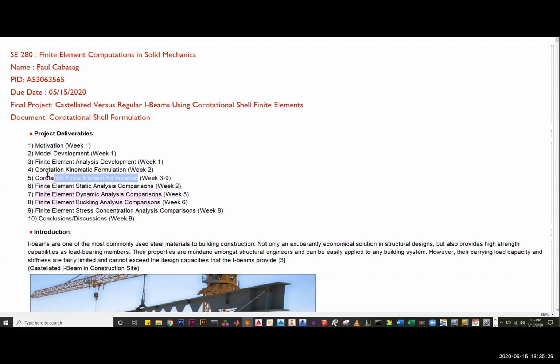I'll go over that today, just how the code is and how I'm doing that. Then I was able to get something for the static, so I'll show that. And then for Abaqus, I'll show you guys some results from dynamics, and then buckling.